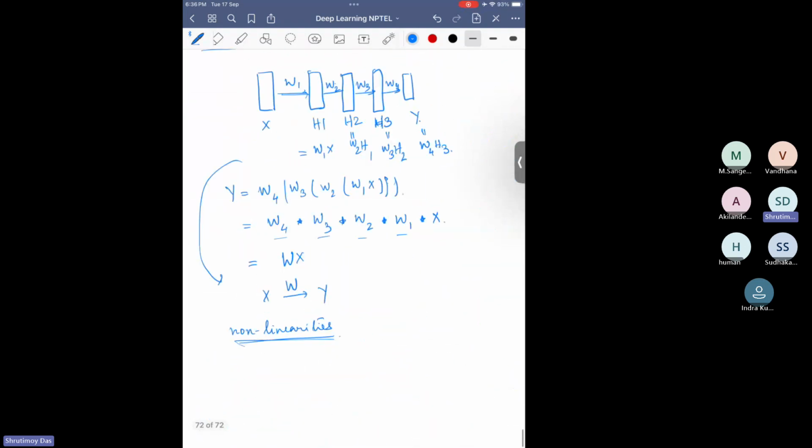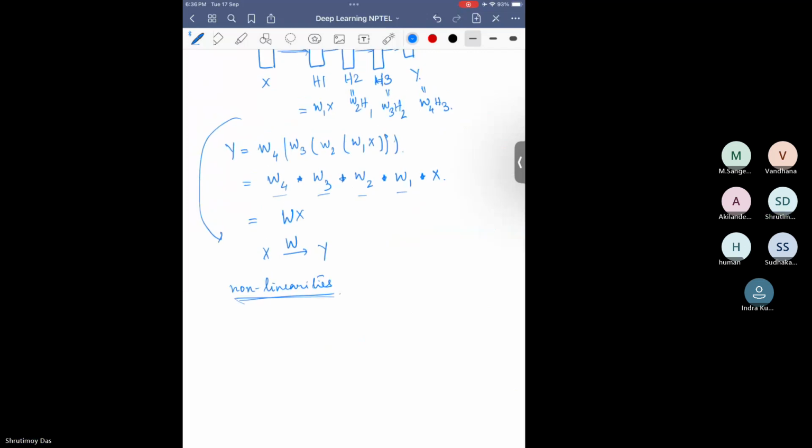So how does the sigmoid activation function look like? Your sigmoid of x is 1 over 1 plus e to the power minus x, right? So this basically looks like this: this is your 0, and say this is your 1, and it is something like this.